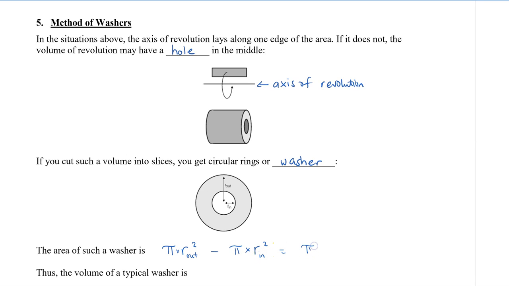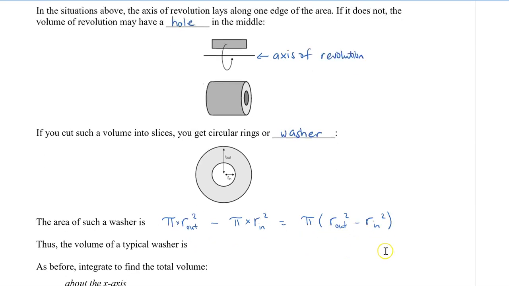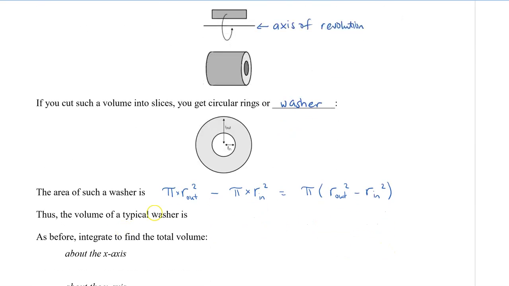So I can factor out the pi and get r out squared minus r in squared. Thus, the volume of a typical washer is going to be pi times r out squared minus r in squared. That would be the area of one washer. Then we need to multiply that by the thickness of that washer.